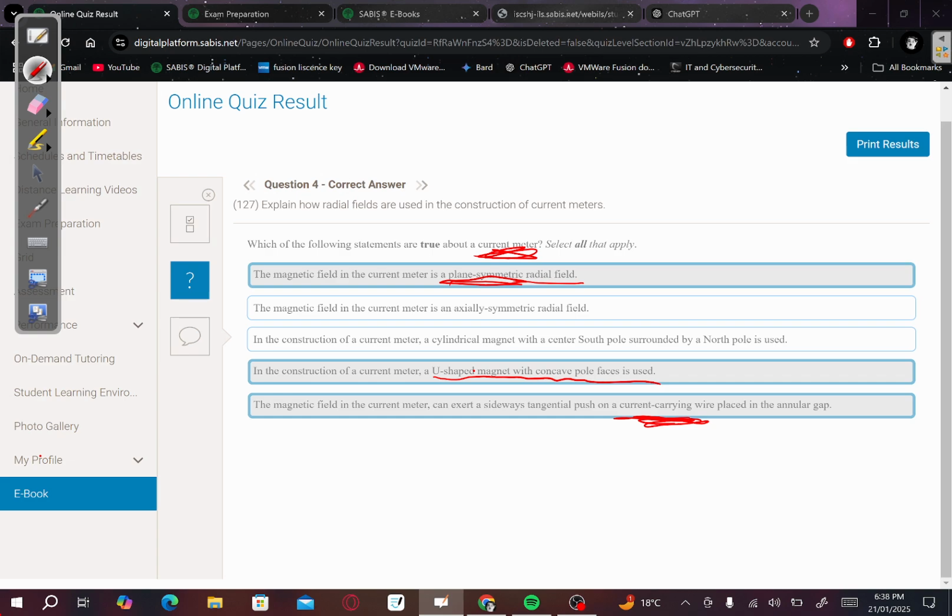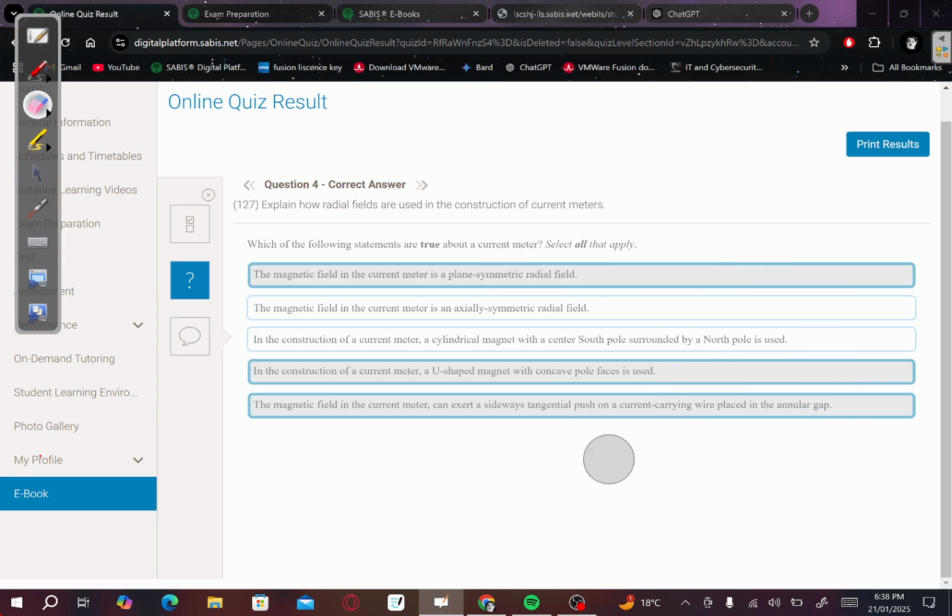And if they don't show that, you can memorize it by sideways tangential and annular gap. That's 3 ways to memorize one part of a question. If you see a U-shaped magnet with concave pole faces, it's going to be a current meter. And if you see plane symmetric, it's going to be the current meter. Okay, moving on.